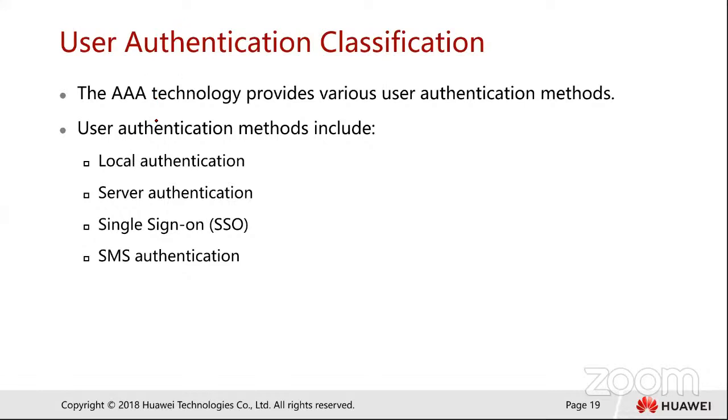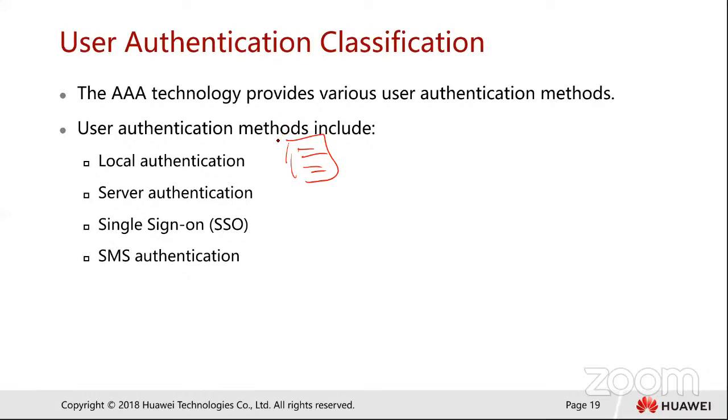So let us look at local authentication. In local authentication, a user sends the username and password that identify the user to the firewall through the portal authentication page. Like when you're on the page and they're asking you, please log in to access this Wi-Fi, right? The firewall stores the password and performs the authentication, and this method is what they call local authentication.